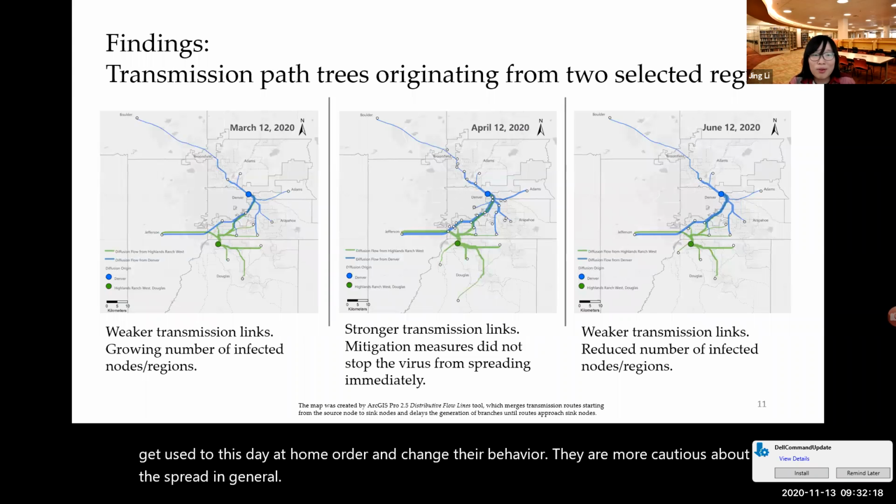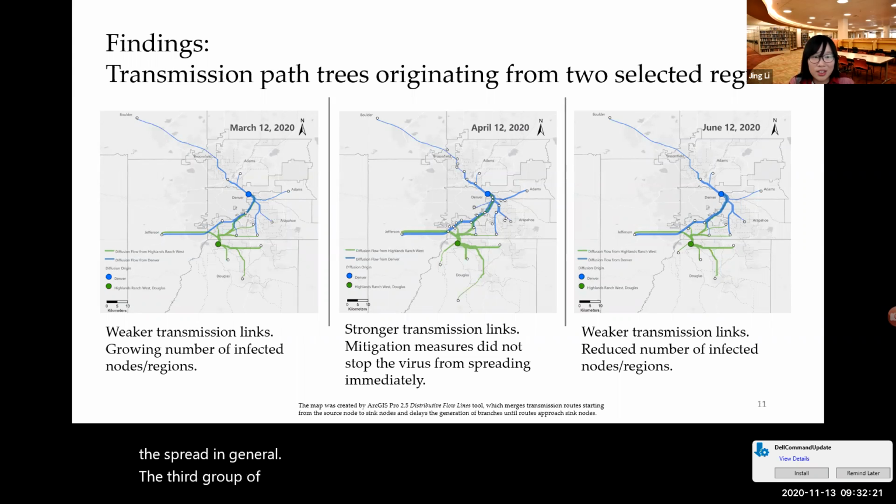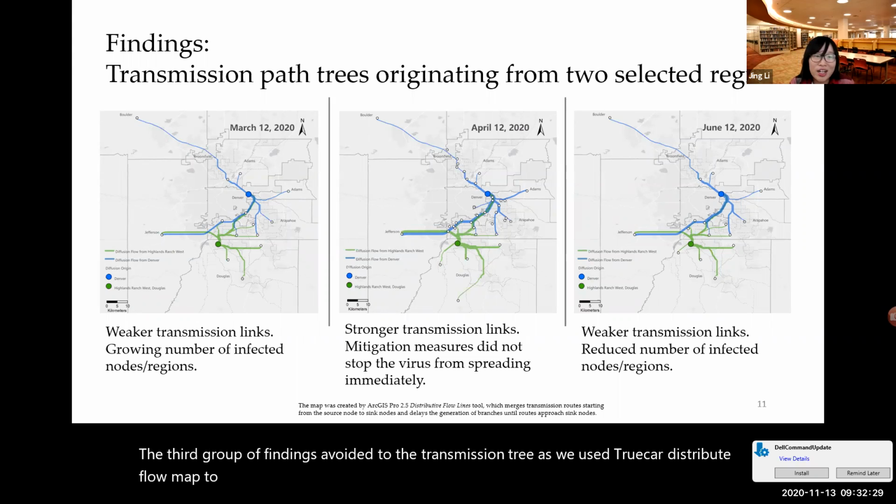The third group of findings is related to the transmission tree, as we use a tool called distributed flow map to generate a long chain of the transmission path. This tool allows us to merge flows toward the same direction into a big line.